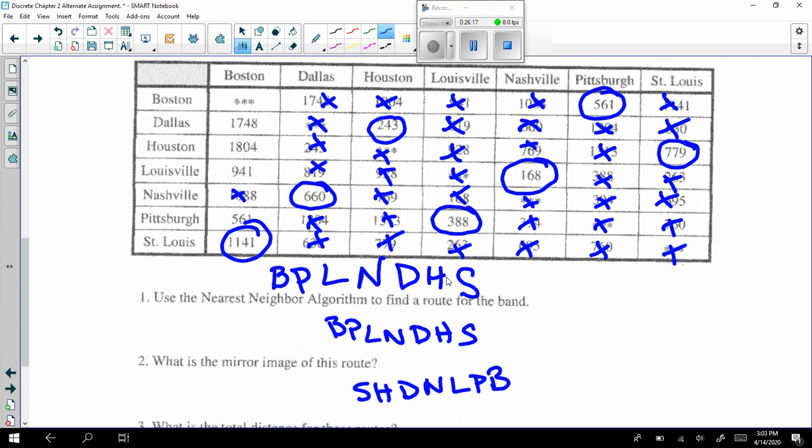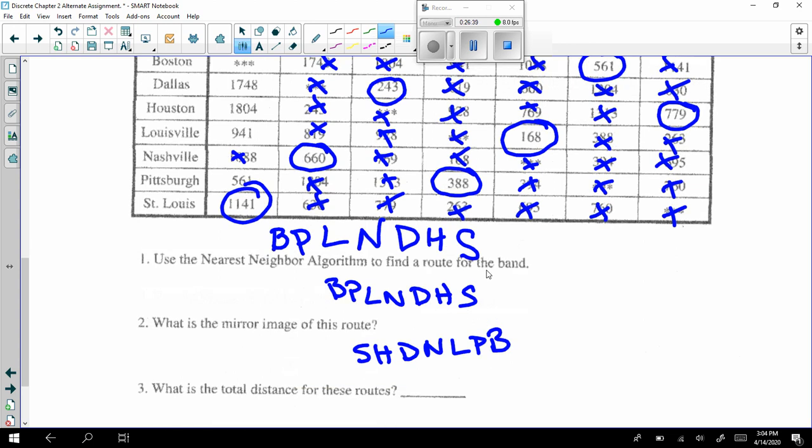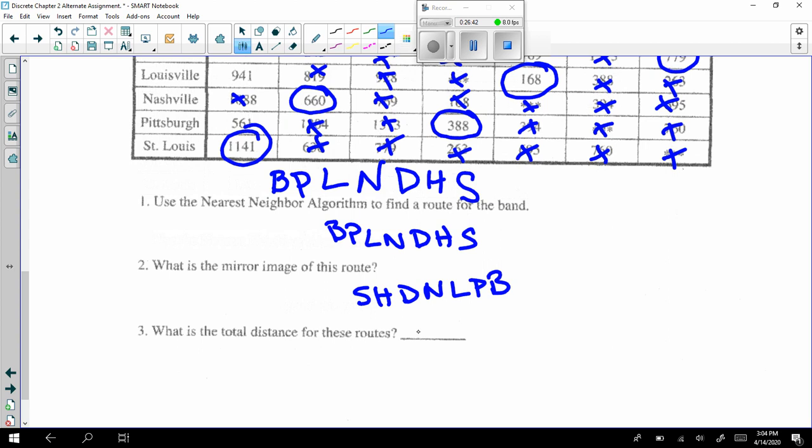I got 1141 plus 660 plus 243 plus 388 plus 168 plus 561 plus 779. And that one is 3,940. Okay, so that is using the nearest neighbor algorithm for that.